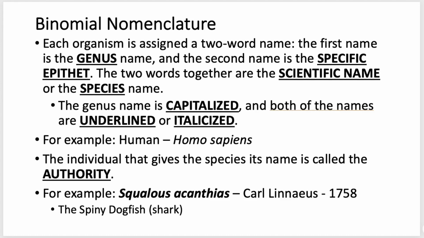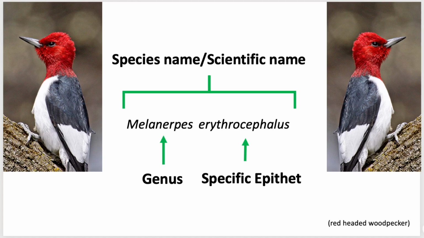And so many of their names are usually some type of Latin word or Greek word in its root that means something about the way it looks oftentimes. So, for example, this one, Melanerpes erythrocephalus, is the genus species name, and this is a red-headed woodpecker. Well, Melanerpes, you think about melanin, color.